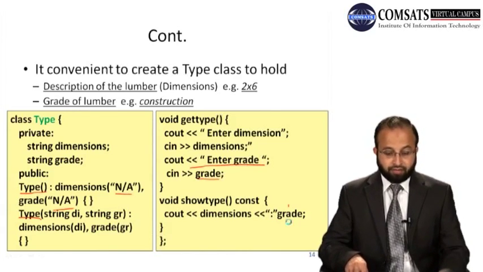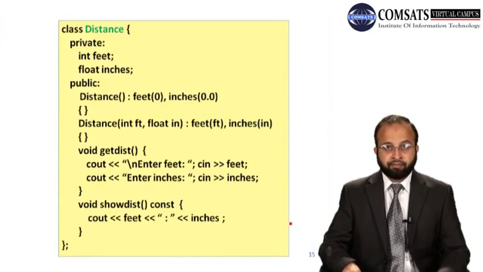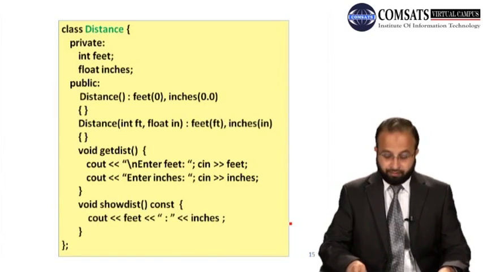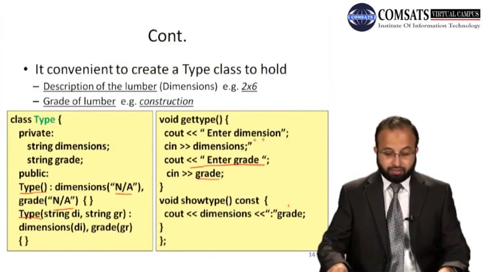And then the next class we have is a distance class. Distance is used to measure the length, so many feet and so many inches of the lumber, right? And this dimension is basically the dimension of the cross section of the lumber.